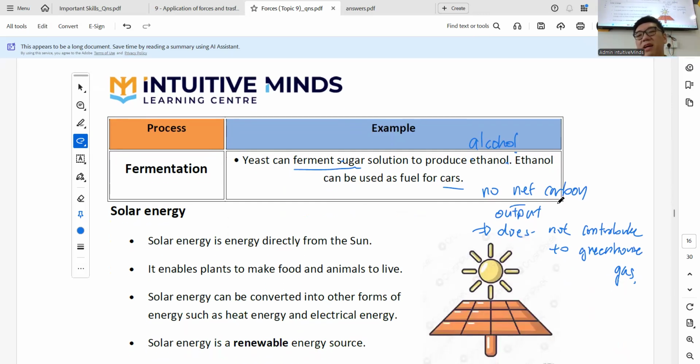Now, why is it no net carbon output? So here's the thing. The sugar here comes from where? Comes from plants. How do plants make sugar? Photosynthesis.